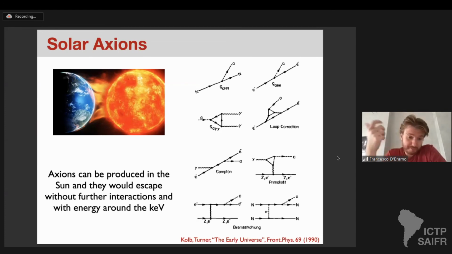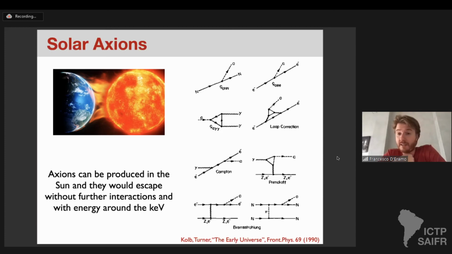They get produced with a typical energy around the keV. The keV is the typical temperature at the center of the sun. The temperature sets the scale for the kinetic energy of the particles involved in the collision, so axions escape from the sun with an energy around the keV.